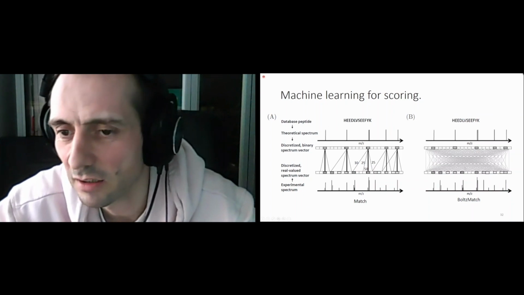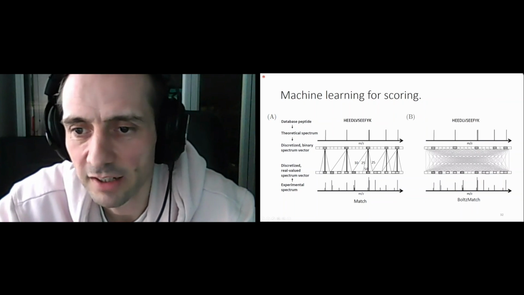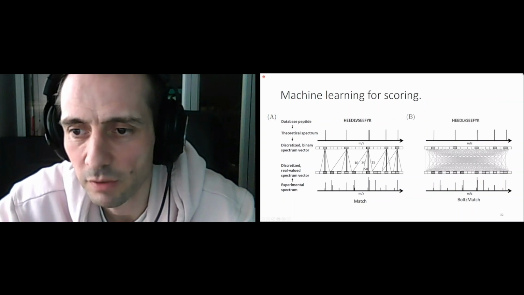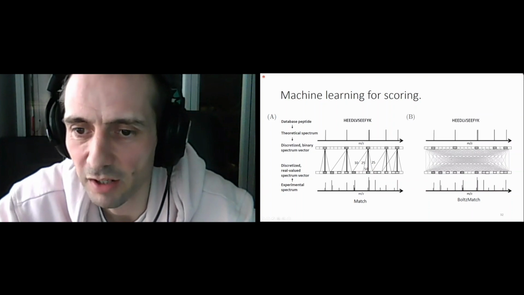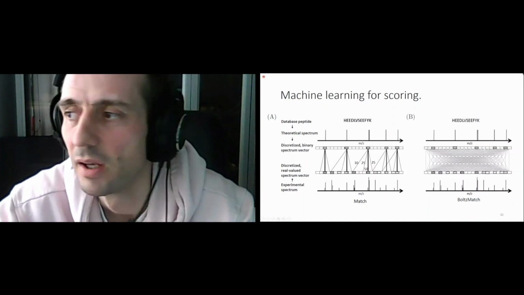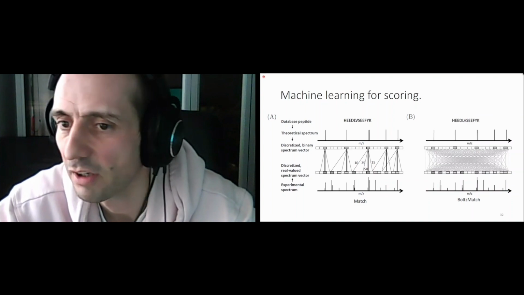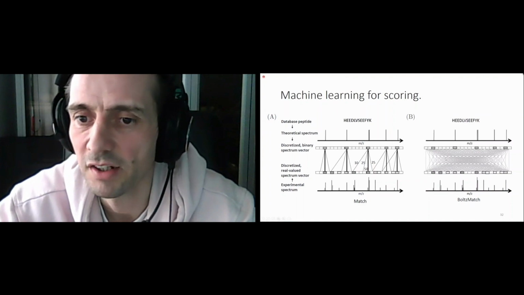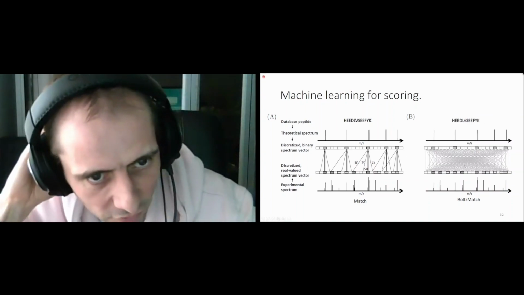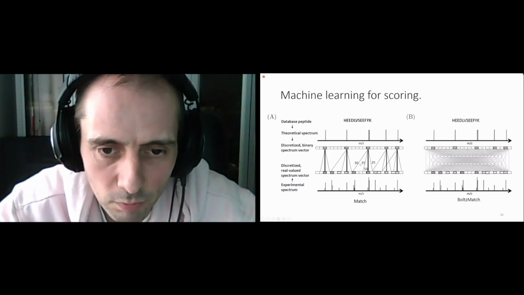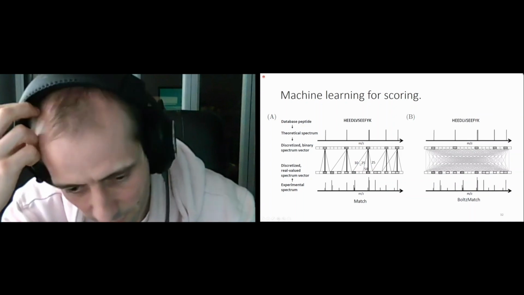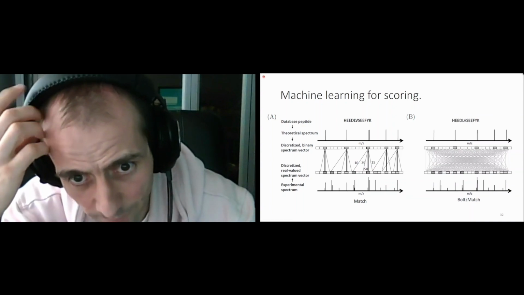So what we did, we designed, okay, let's connect everybody with everybody. So here we have a fully connected layer, basically. This is a weight matrix. Everybody is connected with everybody. And we use machine learning to calculate the weights of these. So in the X-score scoring, the weights were manually calibrated around 30 years ago by now.